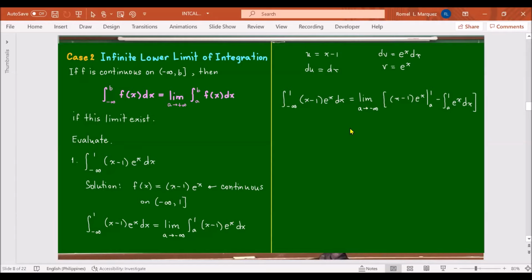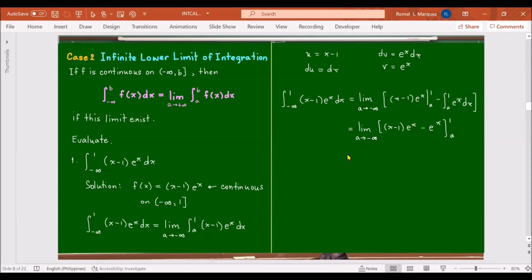So this is equal to the limit as a approaches negative infinity of (x minus 1) e to the x minus e to the x evaluated from a to 1.